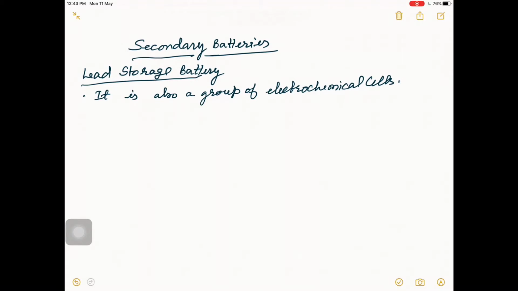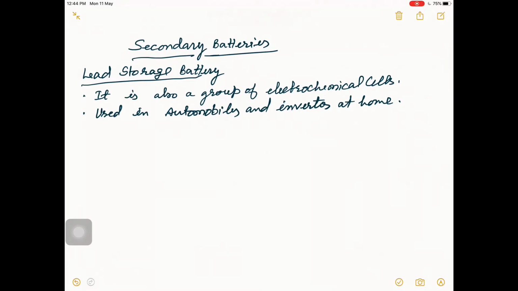This lead storage battery is used in automobiles and in inverters at home. In this lead storage battery, each cell has one anode and one cathode, like other electrochemical cells.